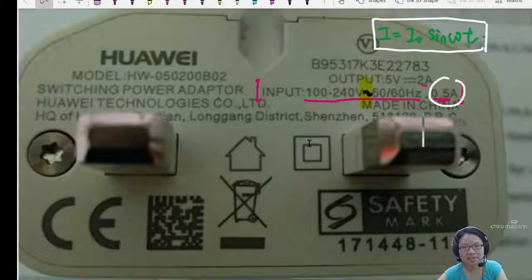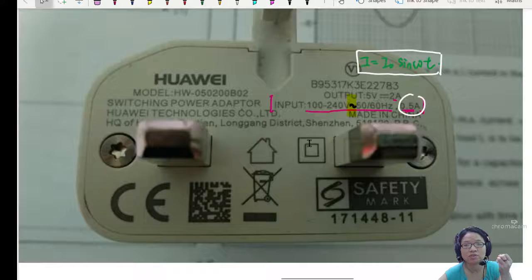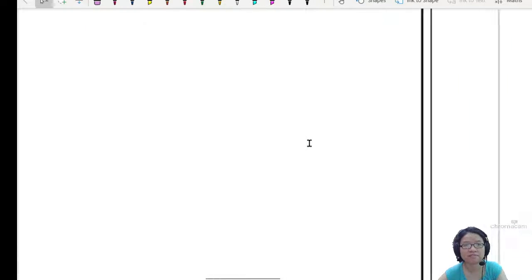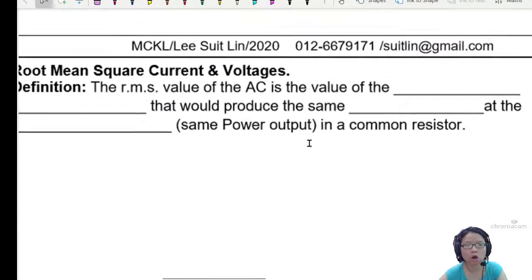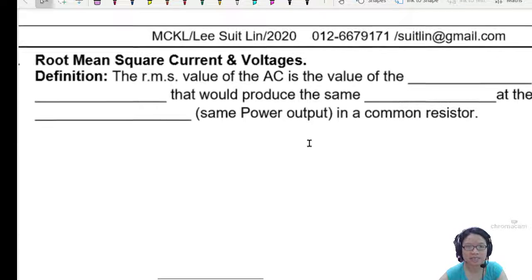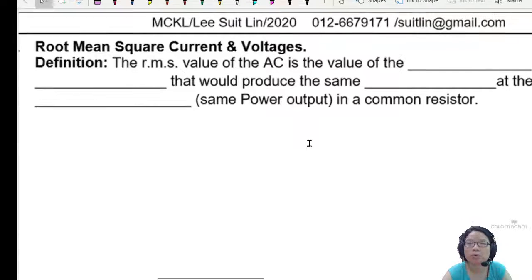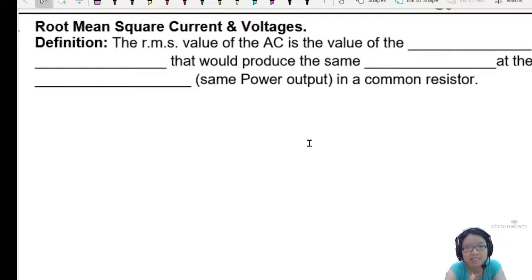So this idea, the need to define alternating current in a way that is relevant to its power output, brings us to the definition of root mean square. Now we know AC keeps changing, but we would much prefer to have an AC value that makes sense to us from our day-to-day rather than a sine curve or a cosine curve.